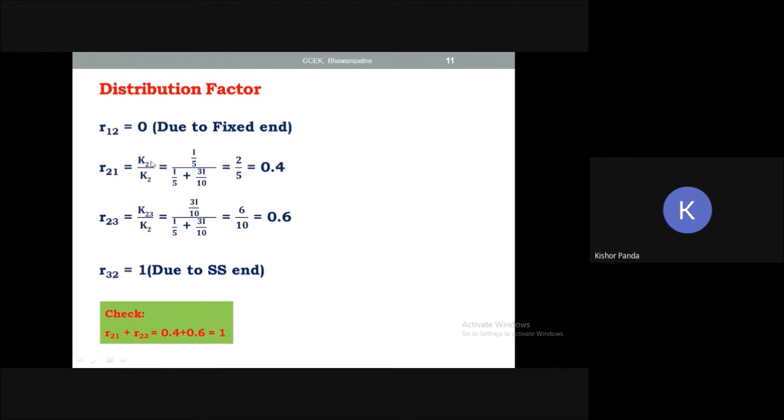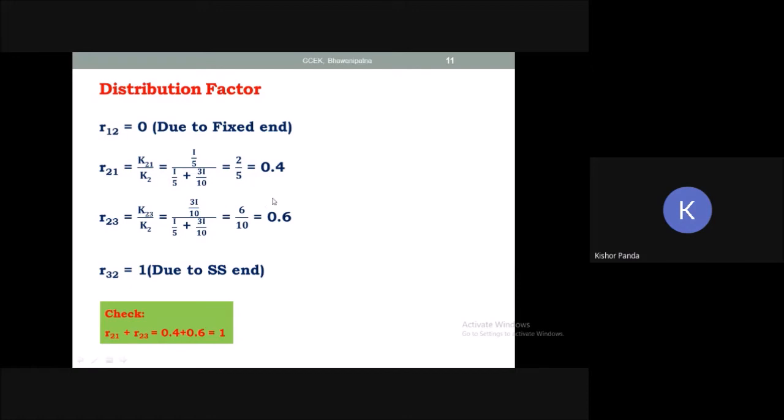R21 is equal to K21 by K2, where K21 is I by 5 and K2 is I by 5 plus 3I by 10. So this is equal to 2 by 5, which is 0.4. Similarly, R23 is K23 divided by K2, which is 3I by 10 divided by I by 5 plus 3I by 10, equal to 6 by 10, which is 0.6. Then R32 is 1 due to the simply supported end.